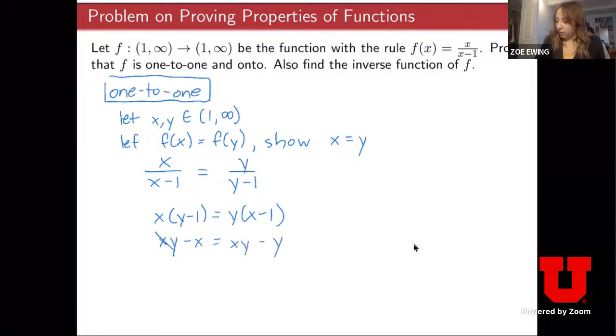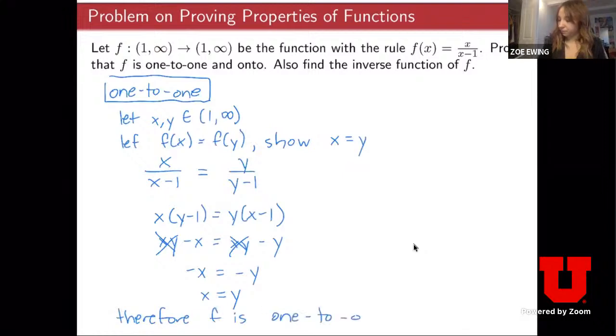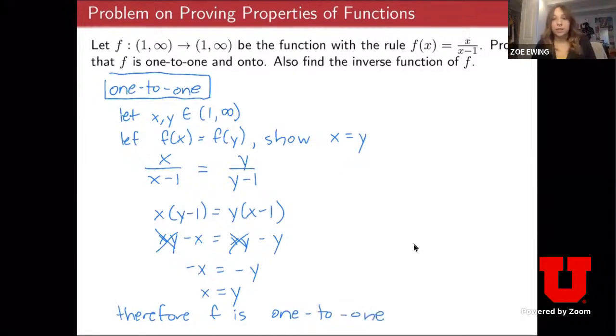Then these two terms cancel out, and we have negative x equals negative y, so x does equal y. Therefore, f is 1-to-1. All right, does that make sense to everyone?